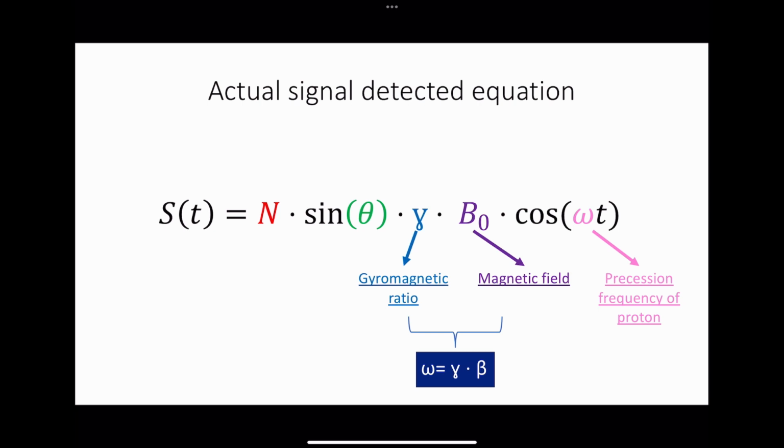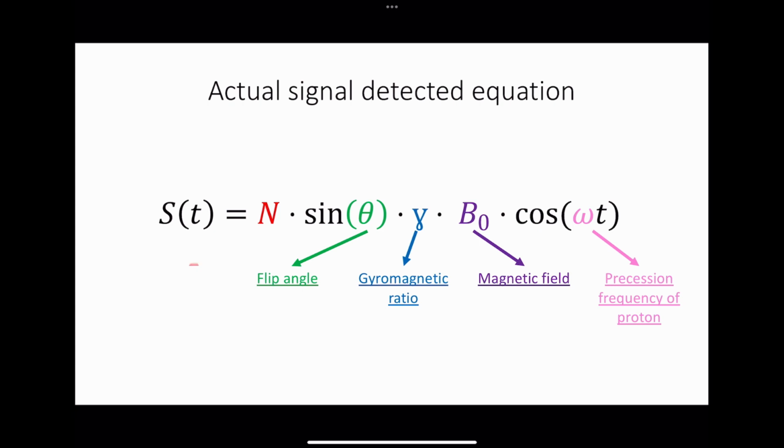Then, gamma B is substituted for the omega in front of the cosine term, since omega equals gamma times B from the Larmor equation. The flip angle is the angle the spin makes with respect to the magnetic field. In this case, the more perpendicular the spin is to the magnetic field, the higher the signal. This is why the sine of theta is used.